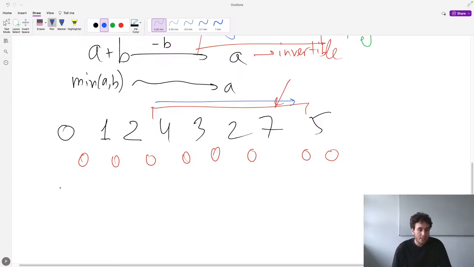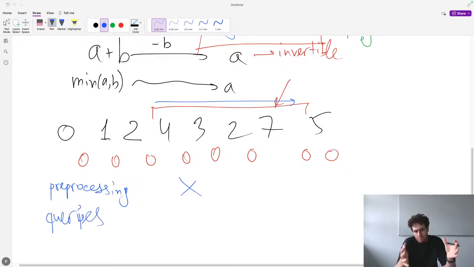So this will be like preprocessing, no preprocessing, right? I don't need to preprocess anything. But for queries, well, this segment can be very large, up to n, so I will spend O of n time per query. So this is just brute force.